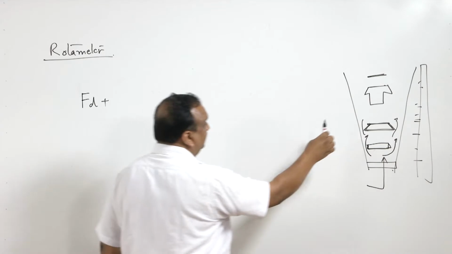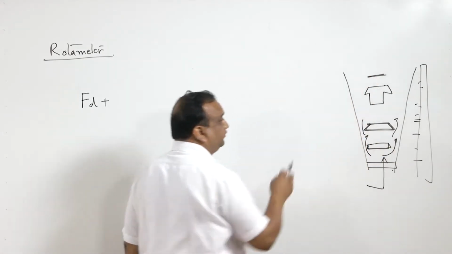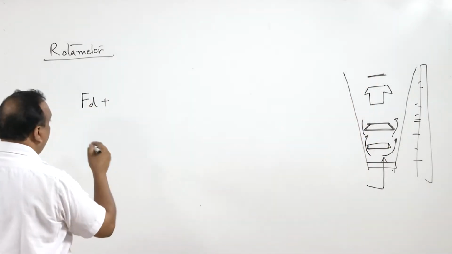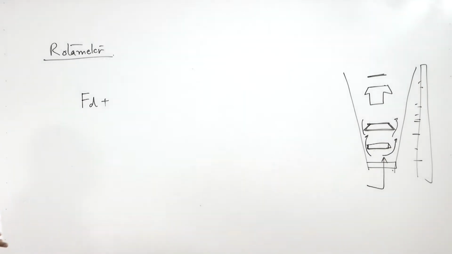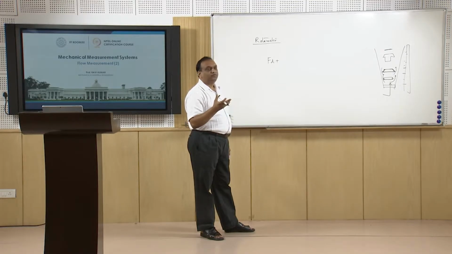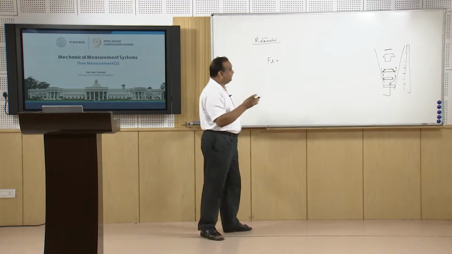Drag force will work in this direction. Buoyancy force will also work in this direction. So, buoyancy force is going to be the force equivalent to the gravity force or the weight of the fluid displaced by this bob.